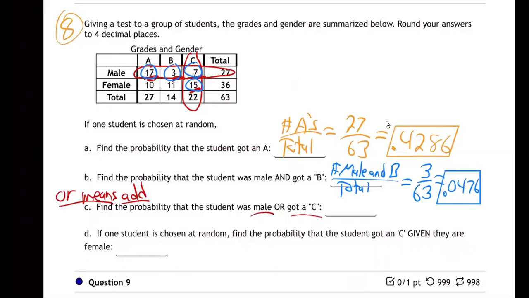Just add the 17, the 3, the 7, and the 15 over the total, 63. So I just added up the various groups that are male or got a C. I didn't use any of the total numbers. You could. There's another way you could do it more quickly with totals. Doesn't matter. This will work.